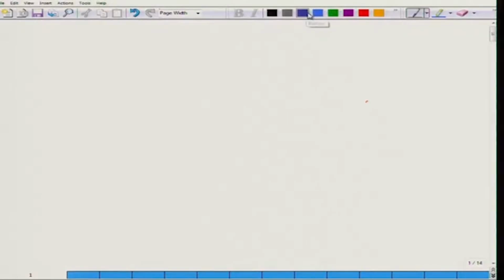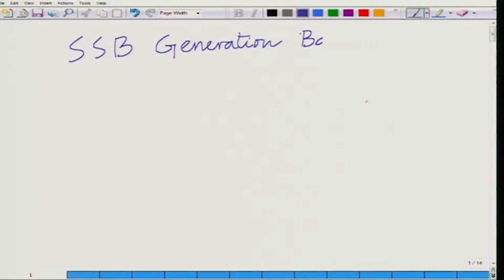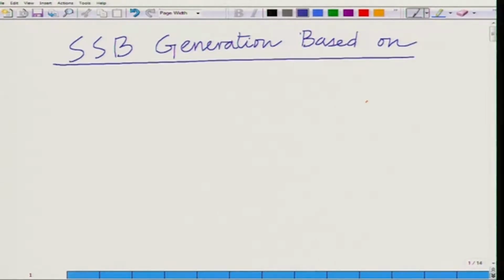So, today let us look at SSB generation using the Hilbert transformer or the phase shifting method, which is based on the Hilbert transform.